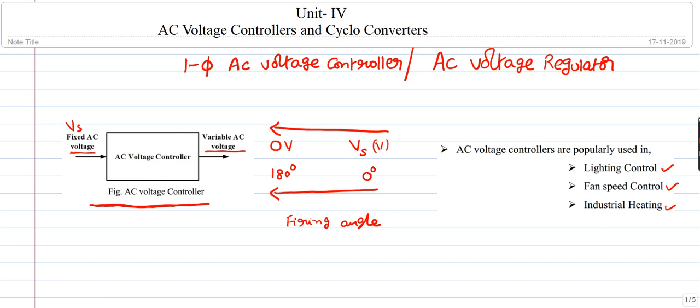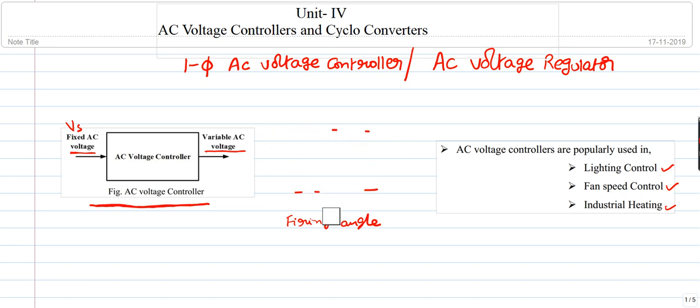So before going to the circuit analysis, we need to know one point. The thing is, when we studied rectifiers, we considered ideal switches.